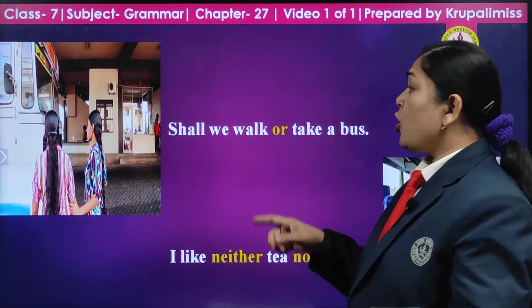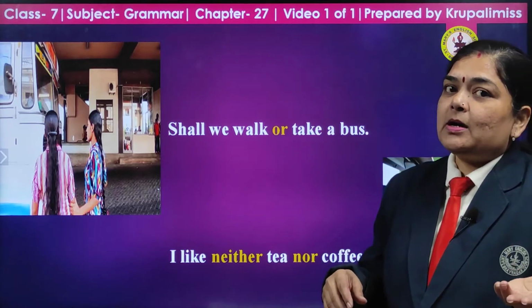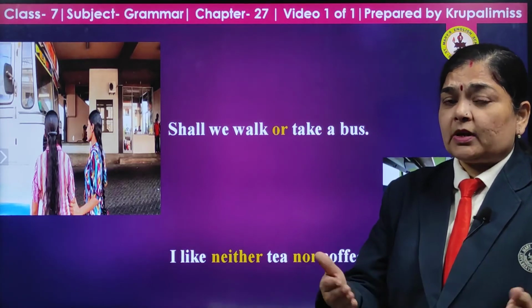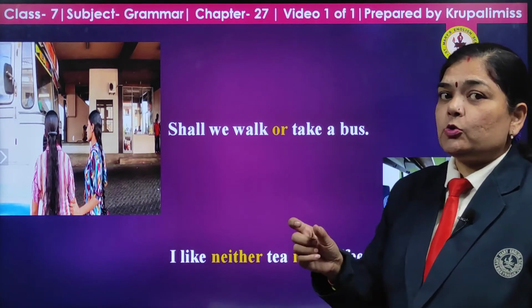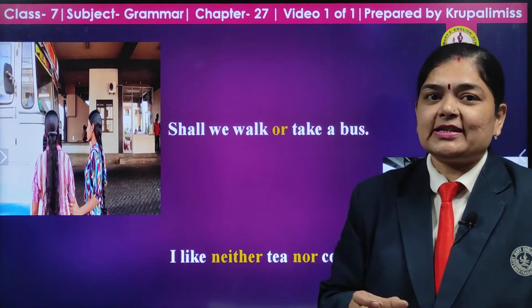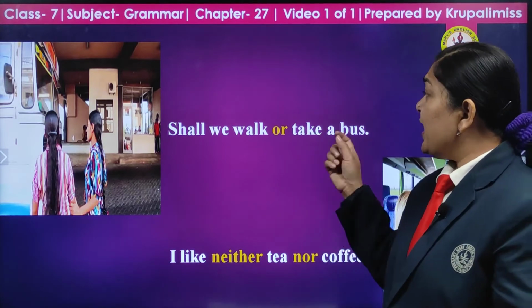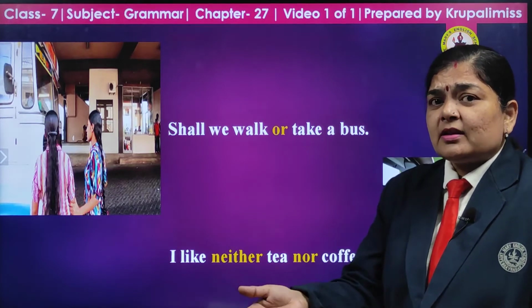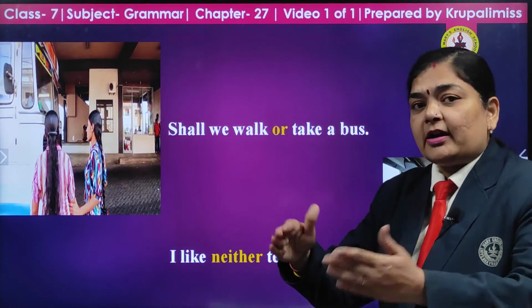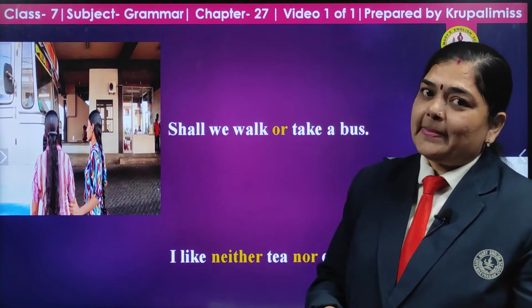Shall we walk or take a bus? It is up to you. It is a choice, an alternative. Or is used when you have an alternative. For example, shall we walk? Or what is your choice? Is there any alternative? The alternative is we can go by bus.